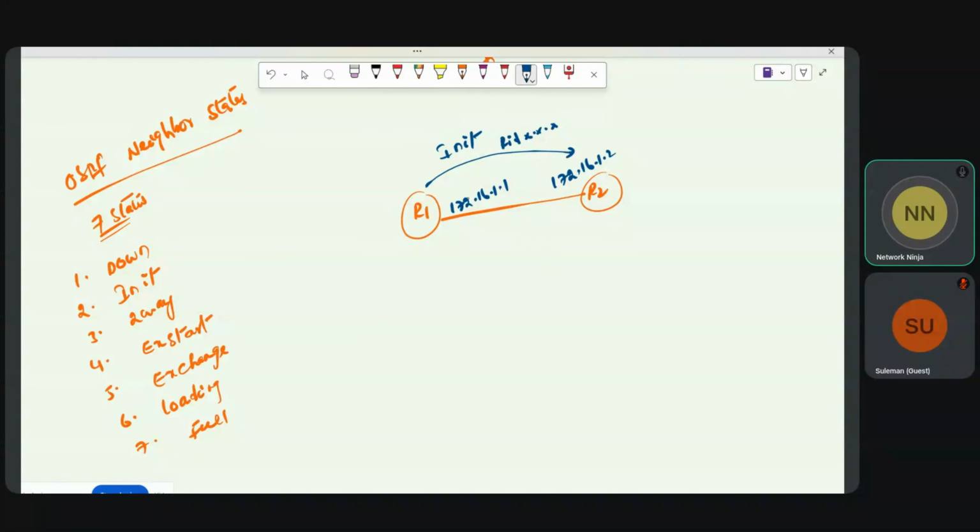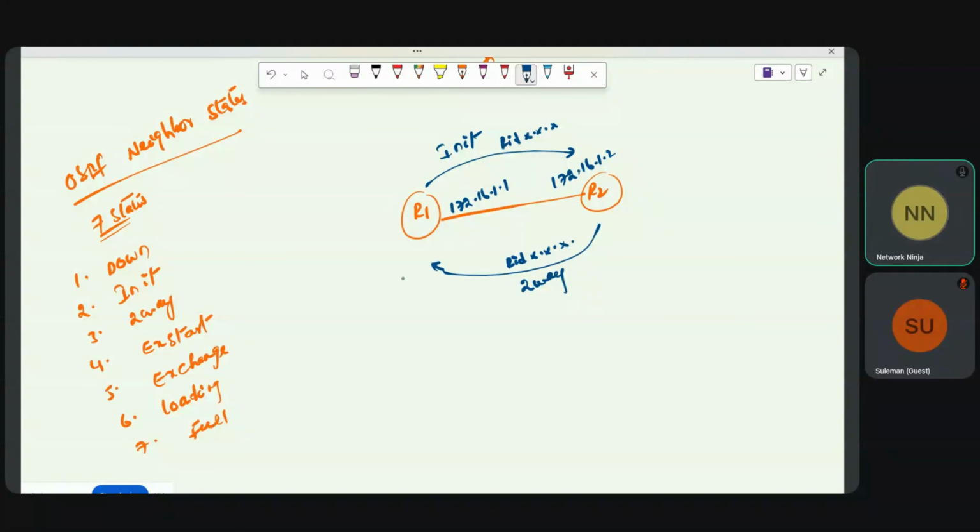To respond to that init message, router 2 is going to send another message, which is two-way. In the two-way message, what will happen, right? Router 2 is going to include its own router ID, and it is going to respond to that particular init message. So it is going to share router 2's router ID.